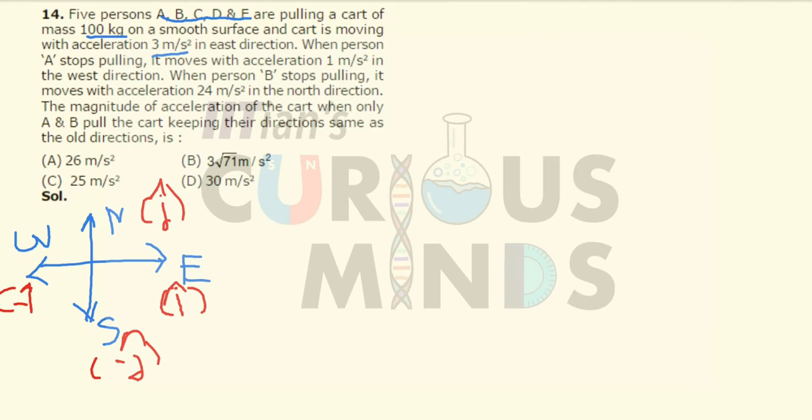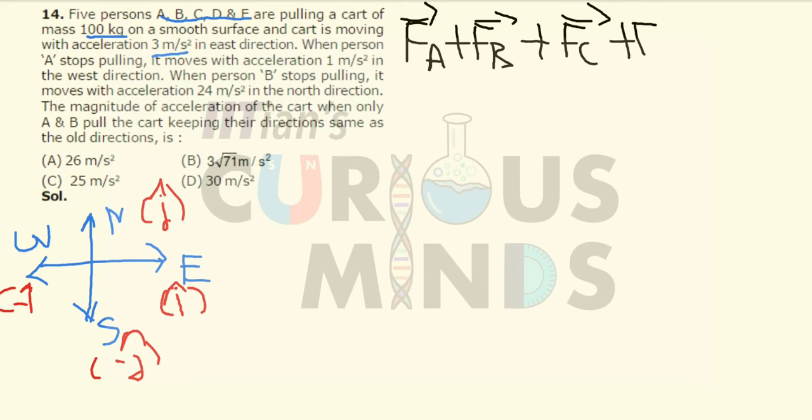So let me write down the force vector FA vector plus FB vector plus FC vector plus FD vector plus FE vector is equal to, now it is clear that whatever is the mass of the vehicle, it is equal to m into the acceleration.